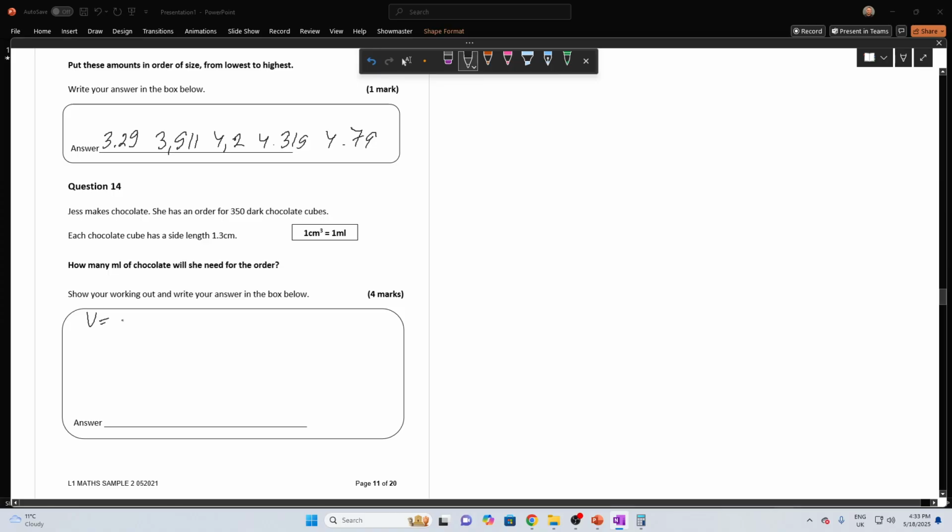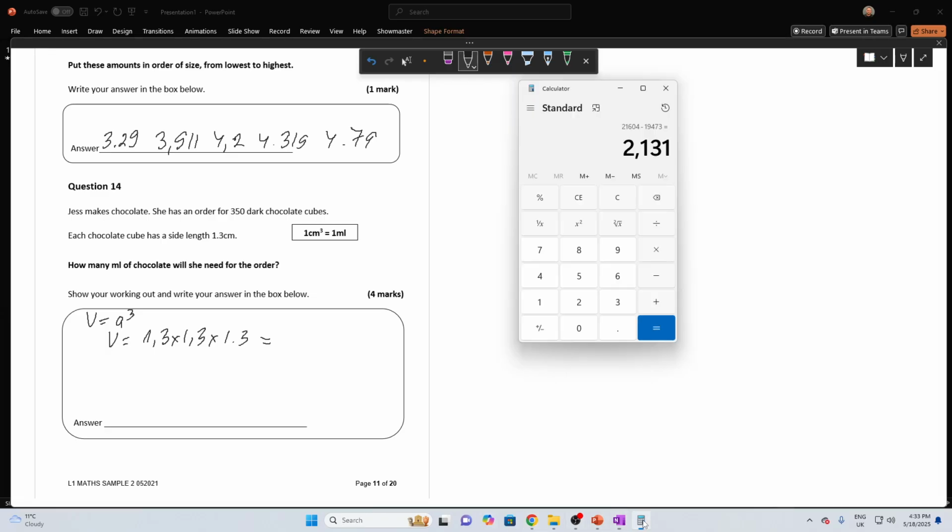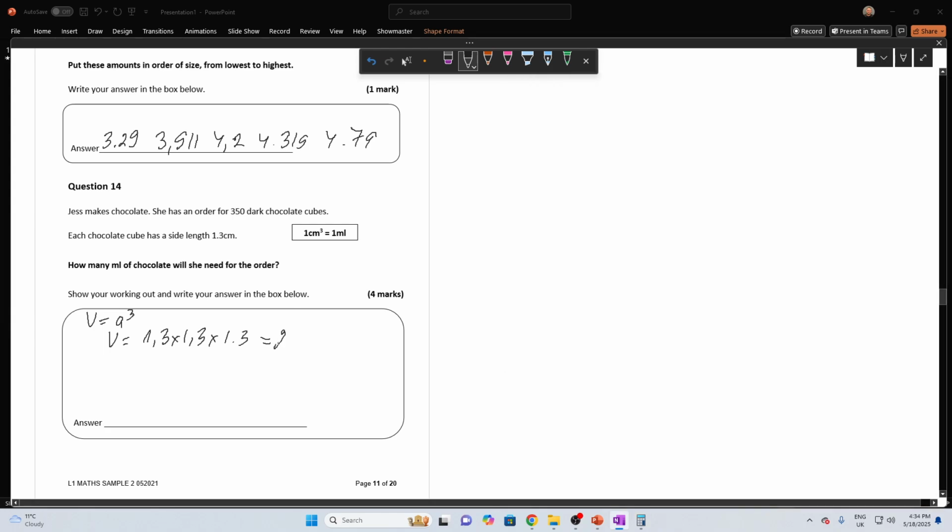So our formula, what we have to do, we need to multiply 1.3 three times, and this is going to be 2.197 centimeter cube.